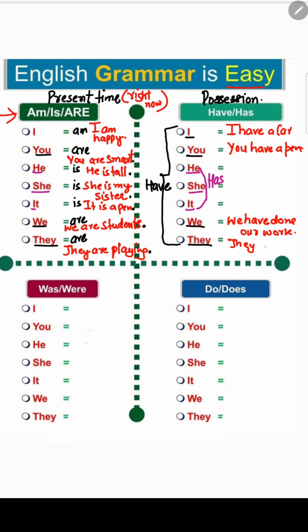They have played. He has a brother. She has long hair. It has. Done.